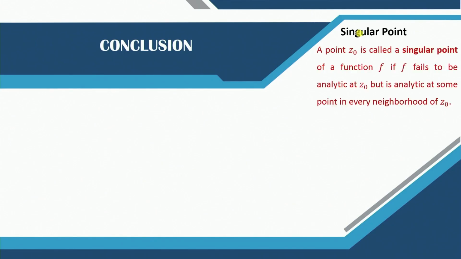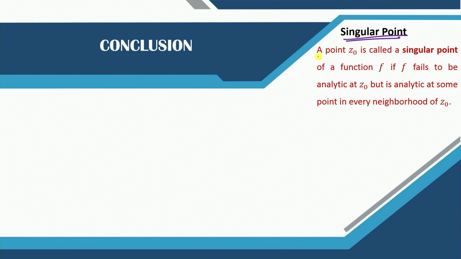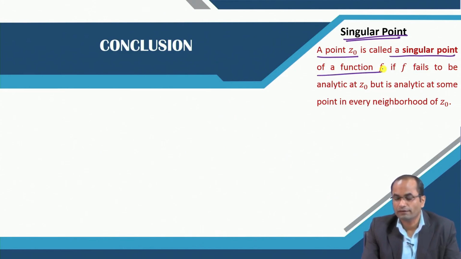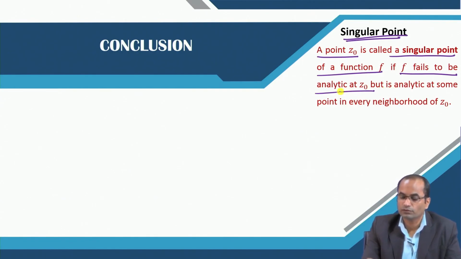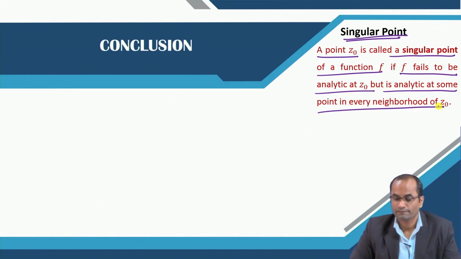So, we have discussed singular points today. It is a very important topic in complex analysis, and some of the applications we will observe in the next lecture. A point z0 is called a singular point of a function f if f fails to be analytic there, and the most important is the second part also, that it is not only failing to be analytic at z naught, but it should be analytic at some point in every neighborhood of z naught.